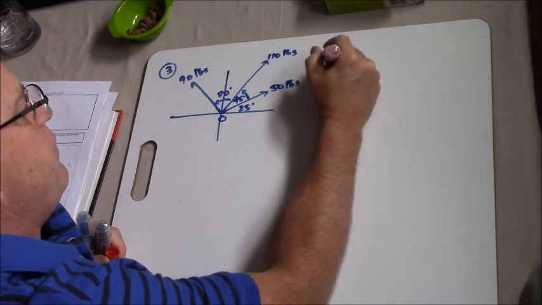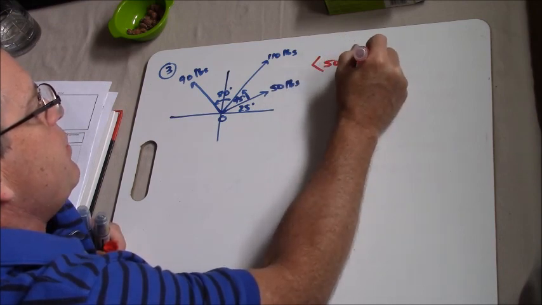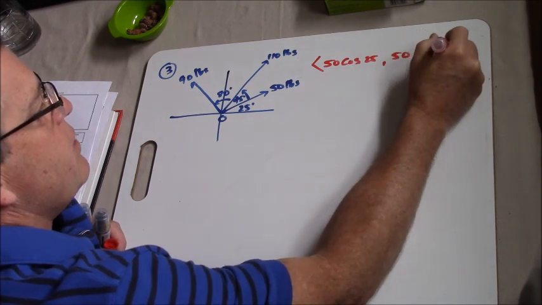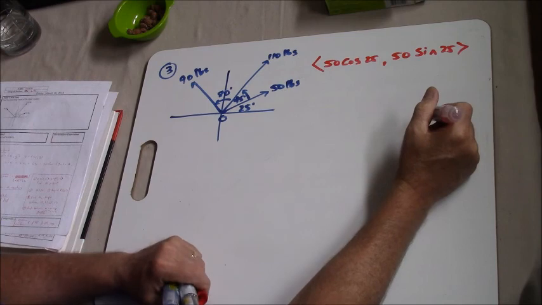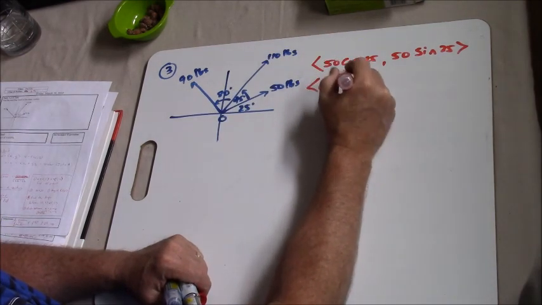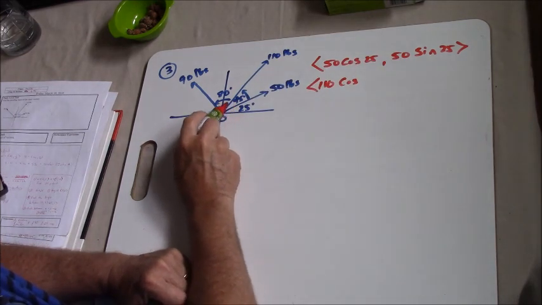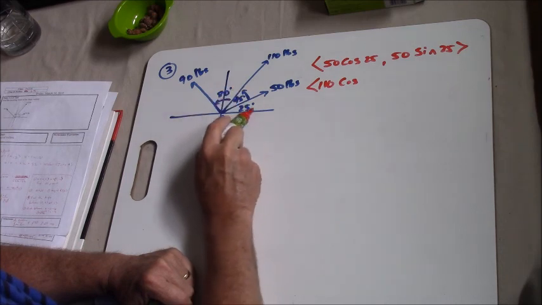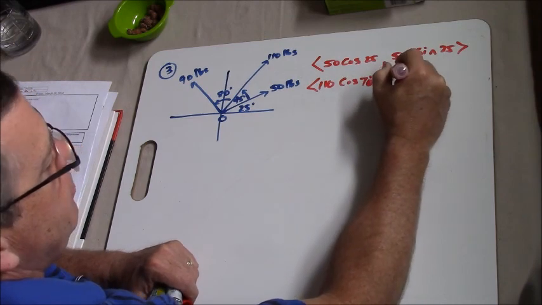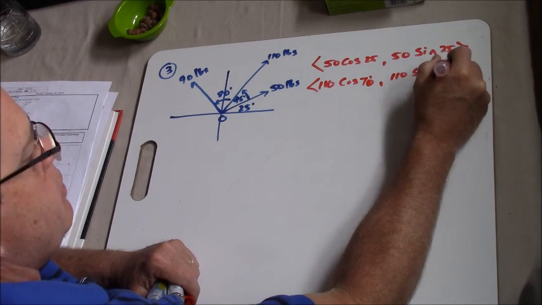My first vector is going to be 50 cosine 25, comma 50 sine 25. And now my second vector, 110 cosine. For this angle, we've got to add these two together to see what the angle is with the positive x-axis. That would be 70 degrees, comma 110 sine 70 degrees.